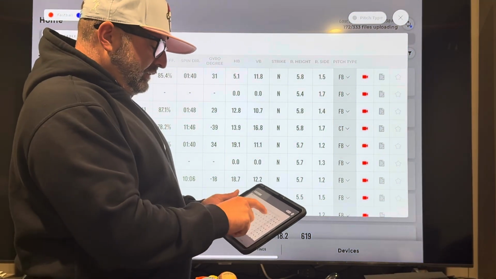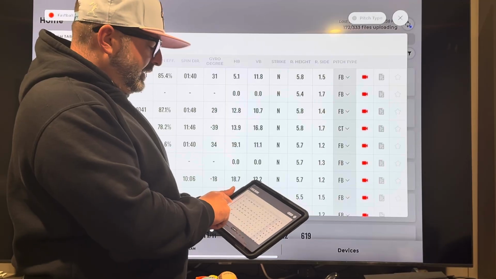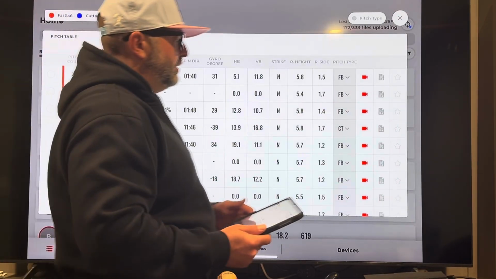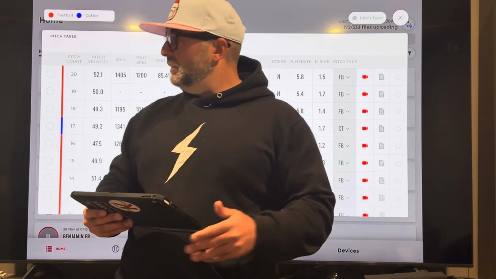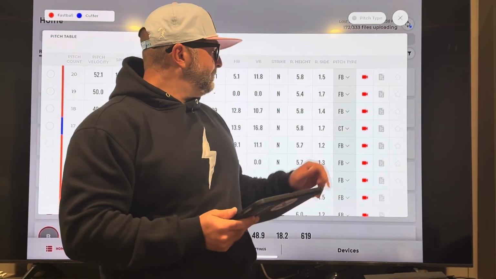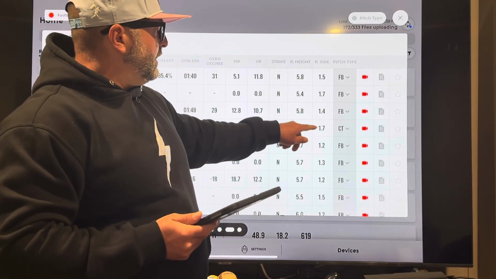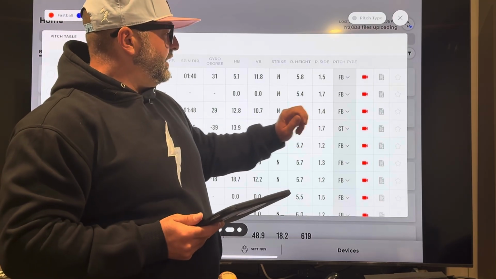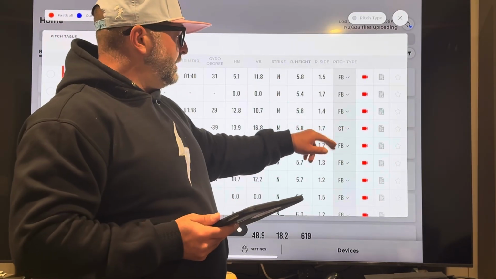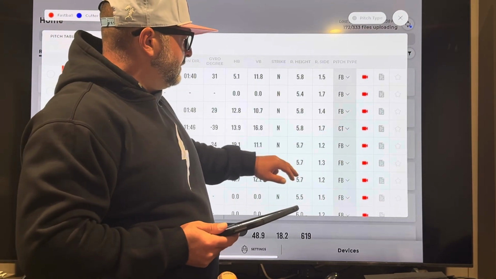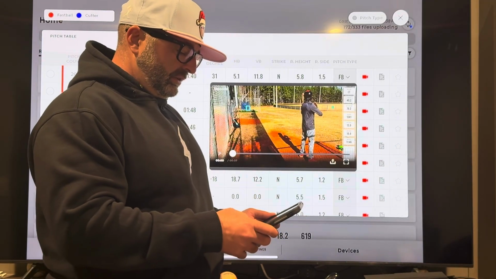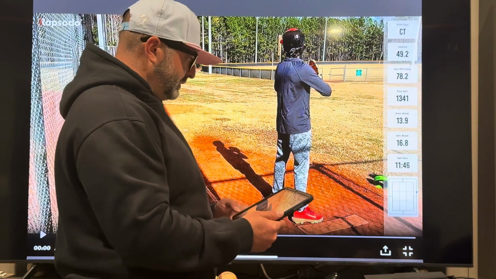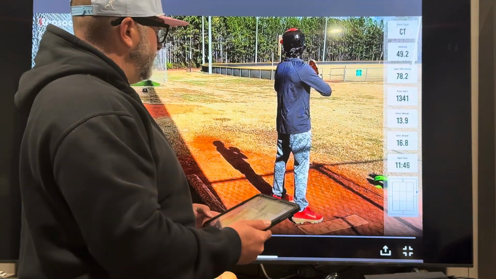Now let's look at the trend. That was 1-5. Blue's going to be your cutter. I'm going to stand in the middle so you can see both. The blue's going to be the cutter, or it's going to tell you over here. 1.7, so that's 1 foot 7 inches to your right when you released it, registered as a cutter. Let's go ahead and watch that one. I believe this one missed the strike zone by quite a bit.